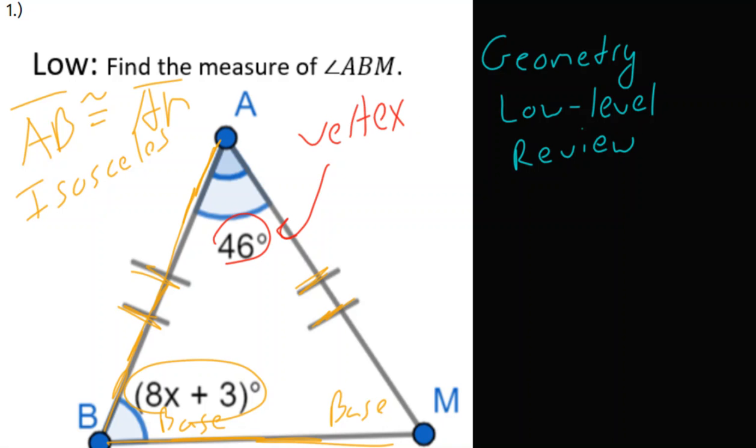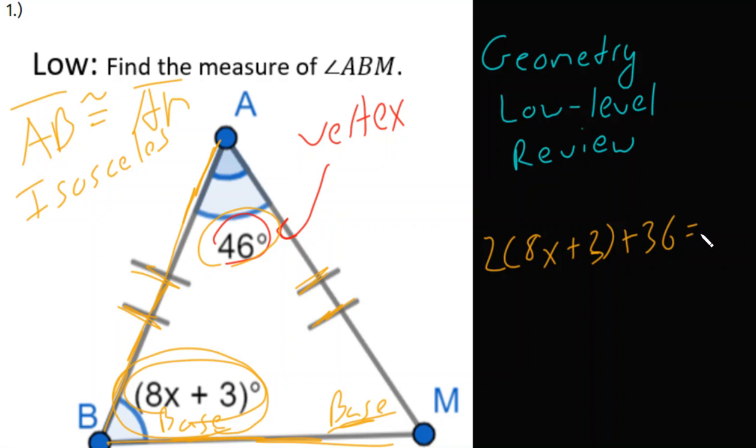So what's our method of solving when we're given a base angle and a vertex angle? Well, remember this base angle is actually there twice, so we write 2 times the base angle, so 2 times (8x + 3) + 36, and we know that all three angles must add up to 180. Now guys, let's say you solve for x.